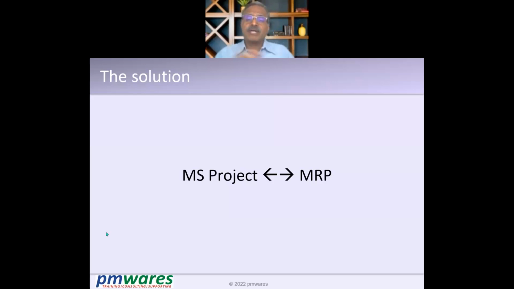Okay, so what I will do now is take you to the tool and show you first the material resource planning tool, then I will take you to MS Project, and then I will again show you the MRP, to show how we are forecasting and how we are ordering.